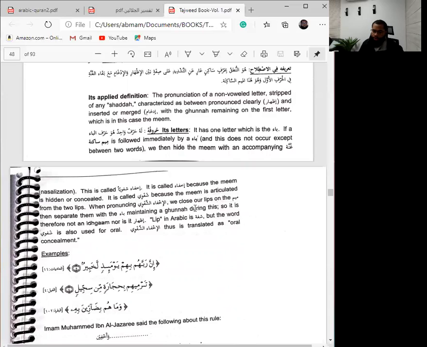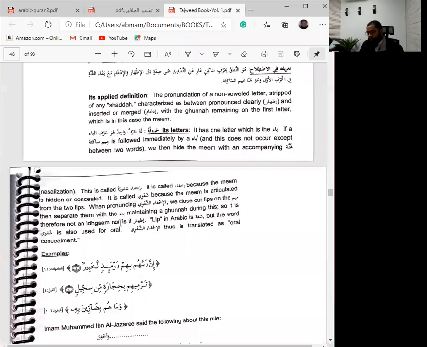When pronouncing al-ikhfa al-shafawi, we close our lips on the meem, then separate them with the ba, maintaining a ghunna during this. So it is therefore not idgham, nor is it izhar. Because with idgham, you close with a meem and you open with a meem.